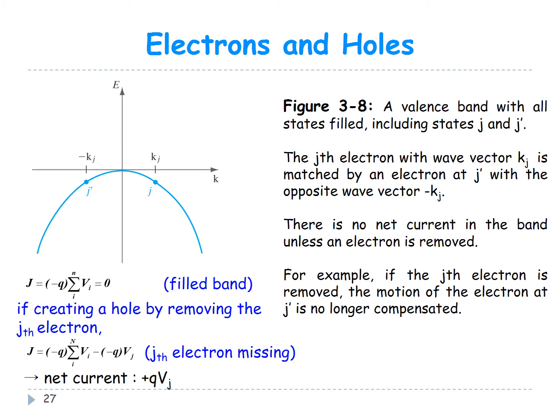Okay, so this illustration simply helps us to understand that when you have the case at 0 kelvins where the valence band is filled and the conduction band is empty, you can never have any conduction. The reason for this is because, to begin with, electrons are always in thermal random motion, so they are always moving.